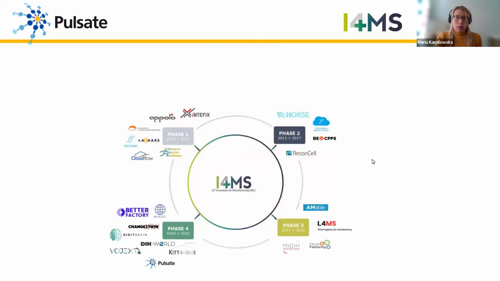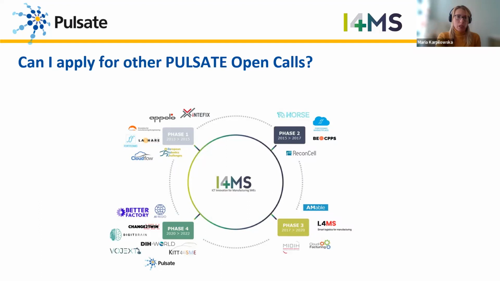One very important thing also to take into consideration when you apply is that Pulsate is a project under a much bigger initiative called I4MS, and therefore there are some funding limits.